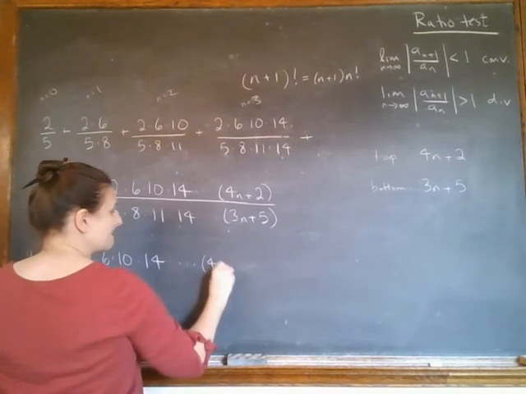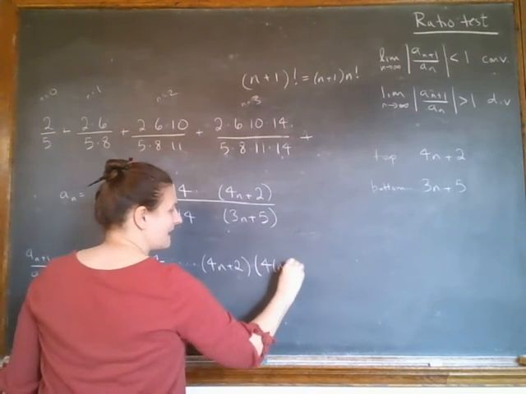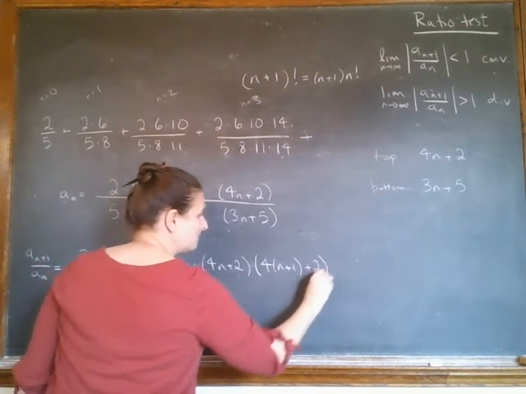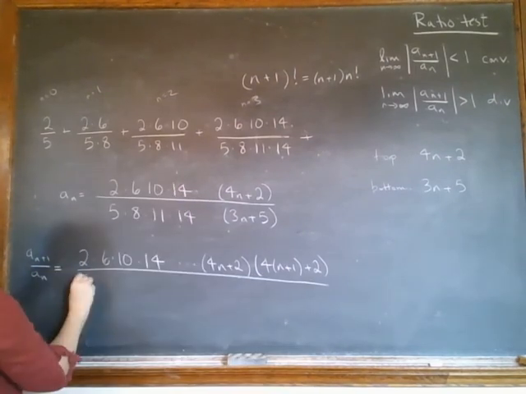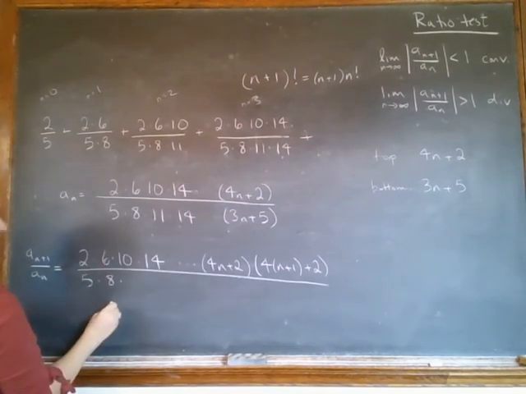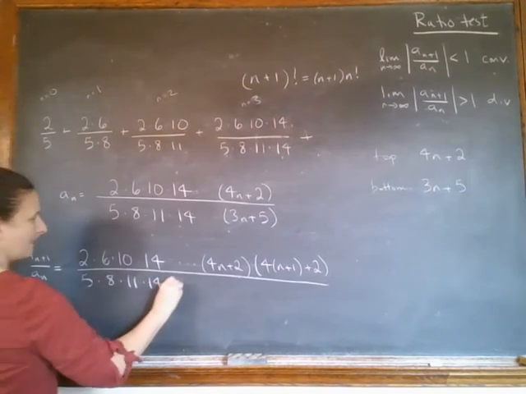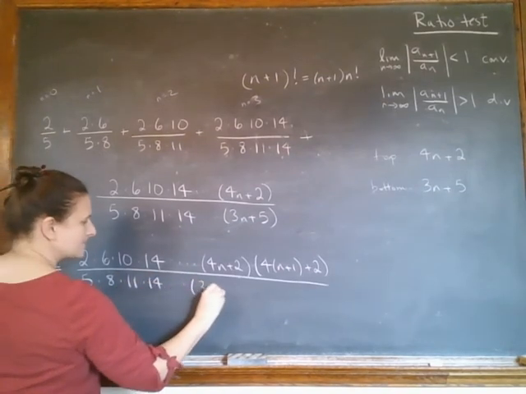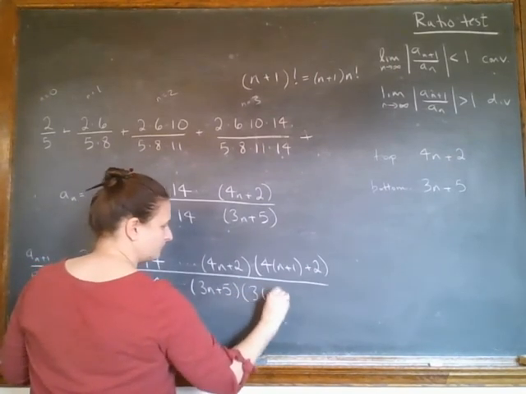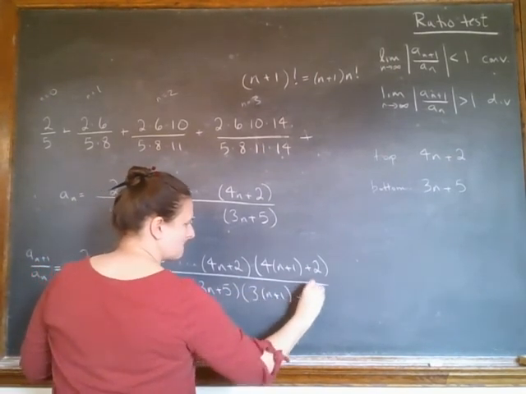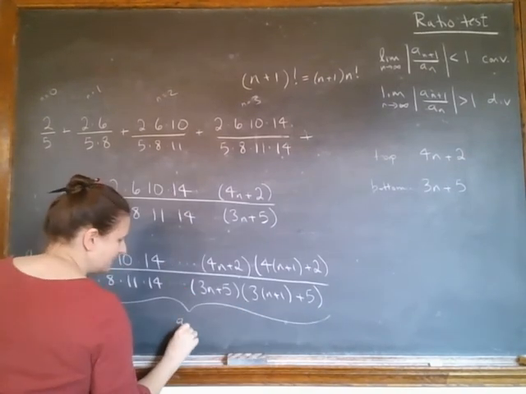and now I'm going to add my next term for a_(n+1). Okay, same thing here, 5, 8, oh boy, I'm going to run out of space. Okay. So this whole thing is my a_(n+1) term.